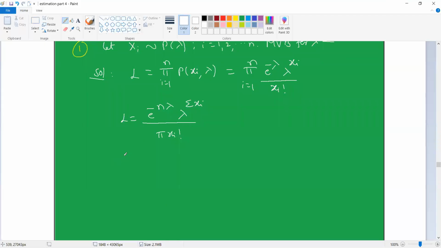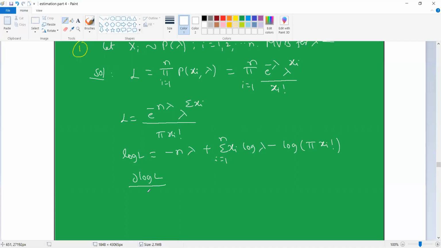Now take log on both sides. Log L is equal to minus n lambda plus summation xi, i = 1 to n, log lambda, minus log of the product of xi factorial, a purely constant term.